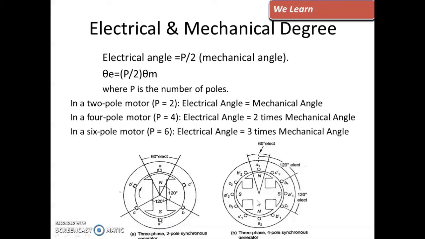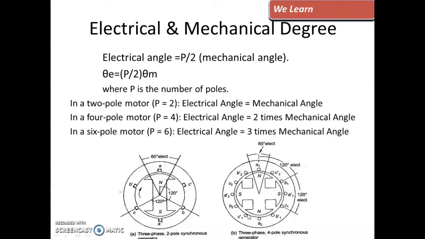And now we can connect the two. Here theta electrical is the same as theta mechanical for a two pole machine, but for a four pole machine theta electrical is twice the theta mechanical. And similarly, if we take the example of 6 poles, theta electrical will be thrice the theta mechanical.